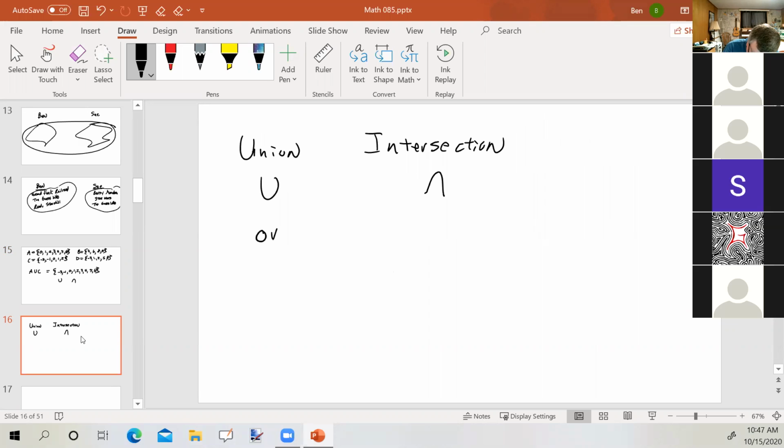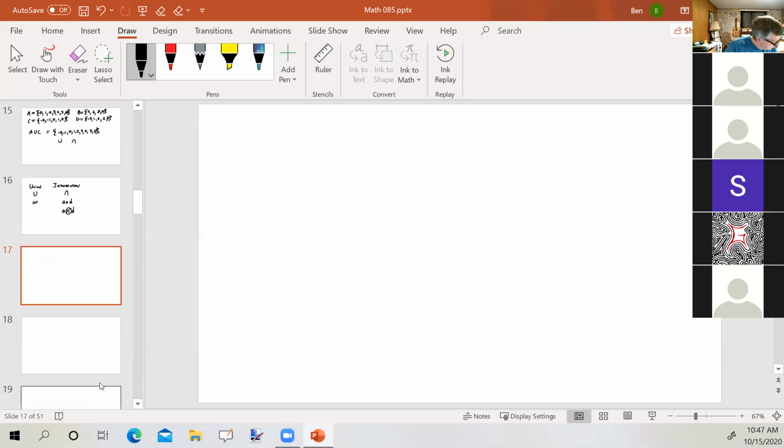For union, we use the word or. For intersection, we use the word and. The way that I remember that is that if you look at the word and, the intersection symbol's right there in the middle, isn't it? Well, almost.